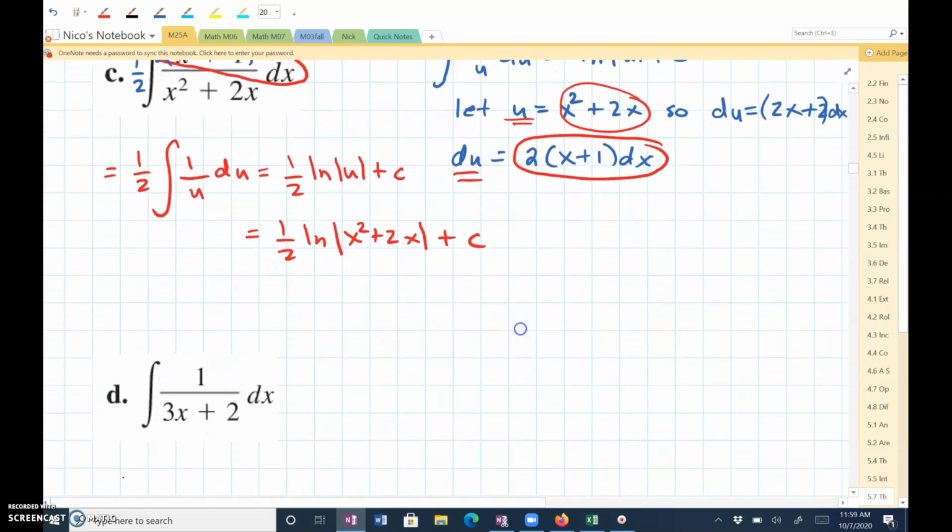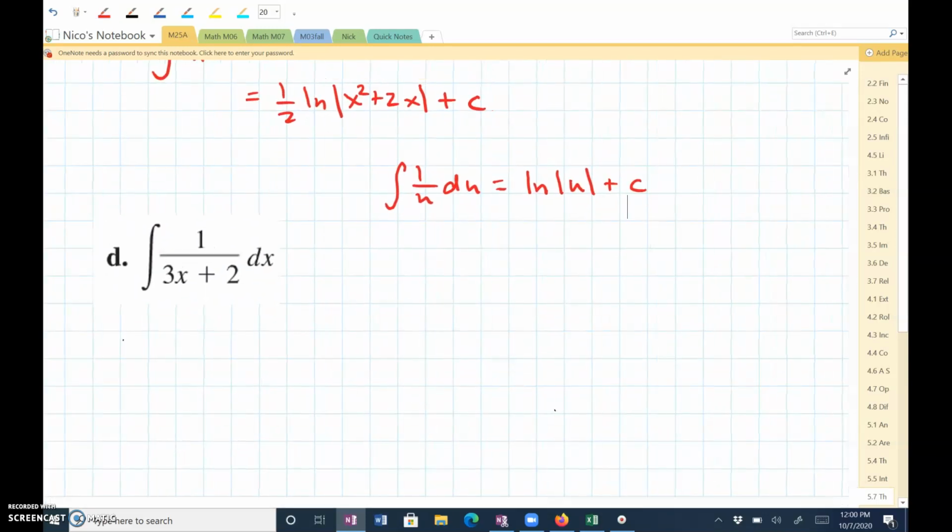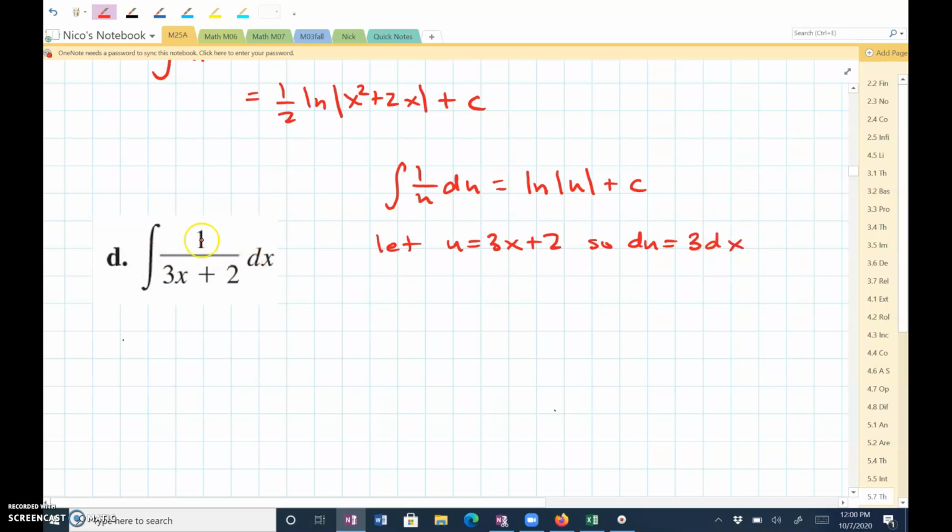Okay. Try D. So again, we're trying to use the rule 1 over u du equals the natural log of the absolute value of u plus c. So let's let u equal 3x plus 2. So the derivative of u would be 3dx. We don't have 3dx, but we can put a 3 in there and then multiply it by 1/3, so that those would undo each other.